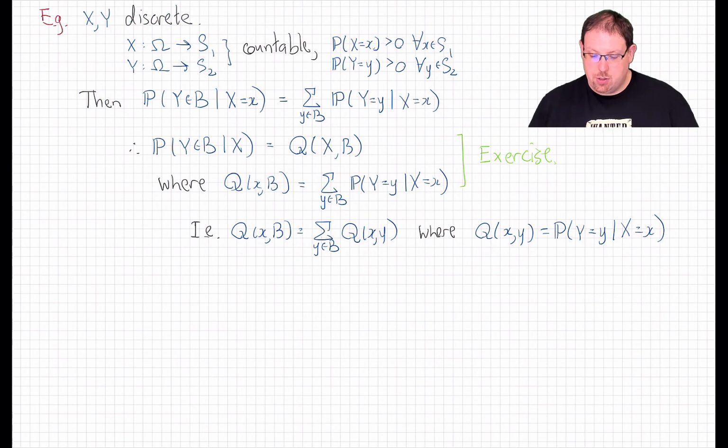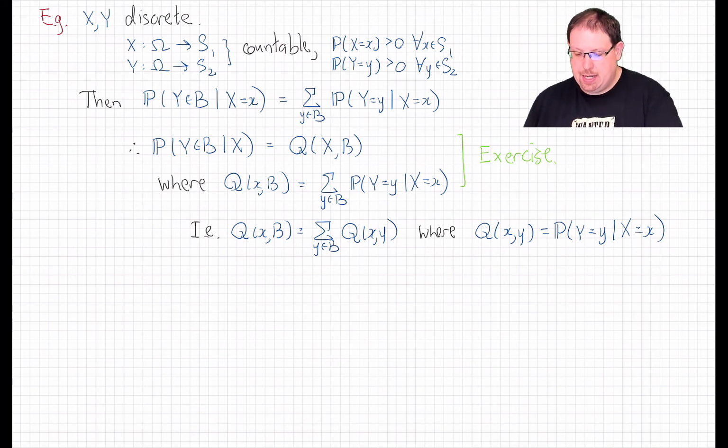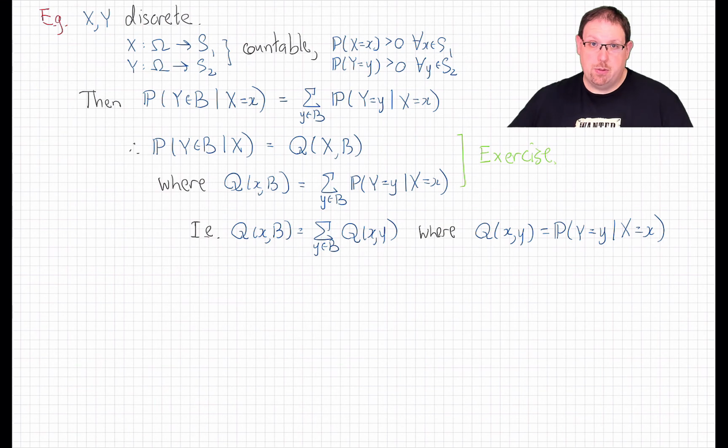Suppose that we have two discrete random variables, meaning that we have X and Y defined on some probability space with values in two countable state spaces. And just to avoid any unnecessary complications, let's make those countable state spaces the full spaces of the range. That means that the probability that X is equal to any given element of the state space is always strictly positive. Otherwise, we would throw that X out.